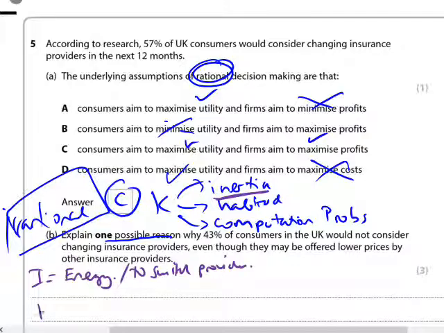The habitual one is that people have experience or a relationship with their current provider, so they have the habit of using it, and they again aren't going to spend the time to switch. It becomes part of their routine.